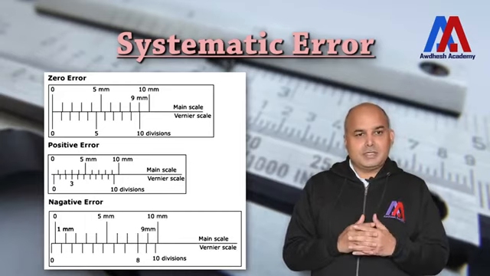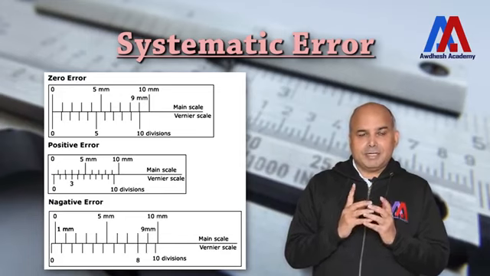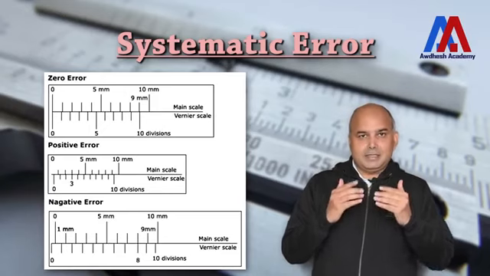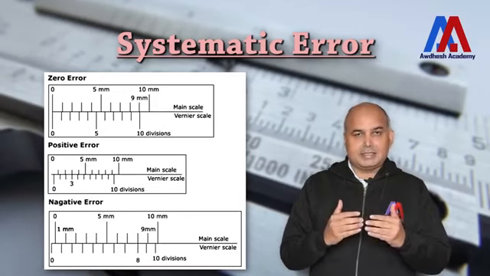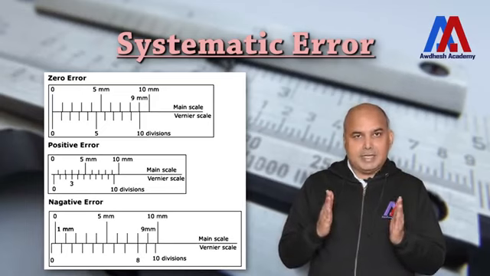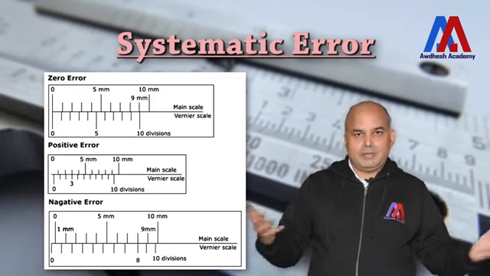In the third case, you see that they are matching at 8, and therefore the negative error is 0.8. And so you can see that the calibration in the second and third cases has a wrong zero error, and therefore you will always have this error of measurement when you measure any particular dimension.